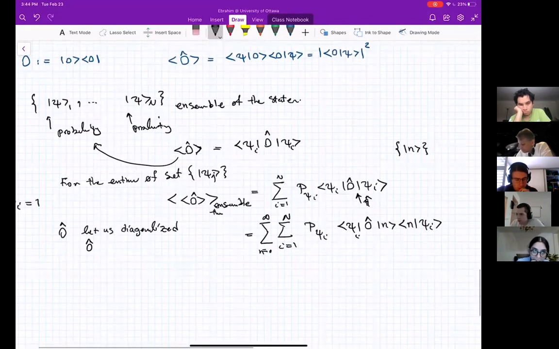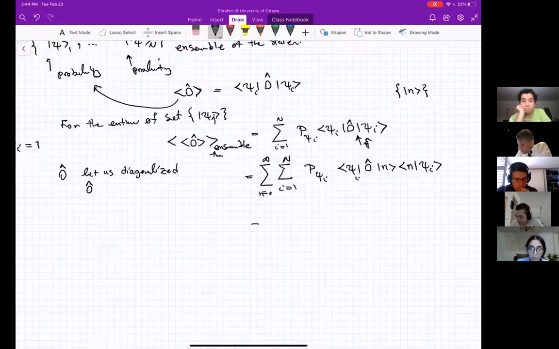Let's cast them properly. It will be a summation over n from 0 to infinity. Then this is now a scalar, so I can move it around and bring it to the other side.